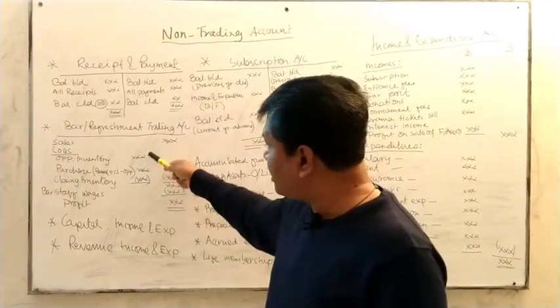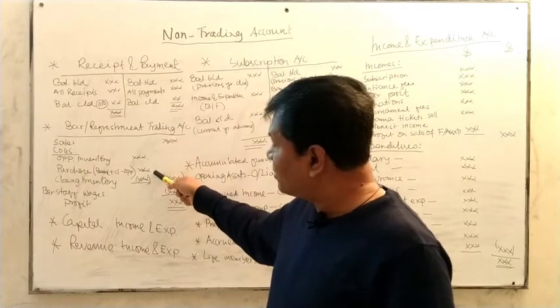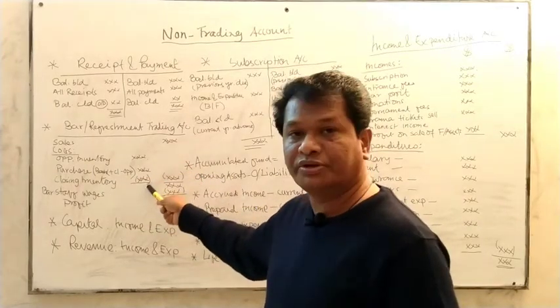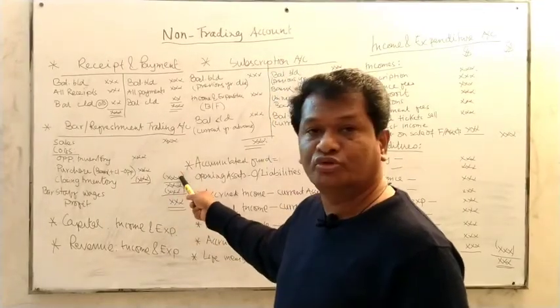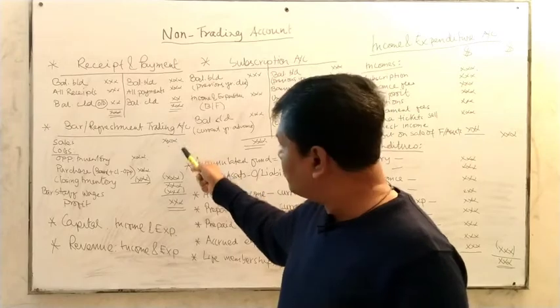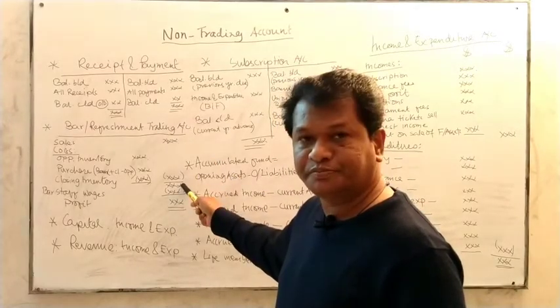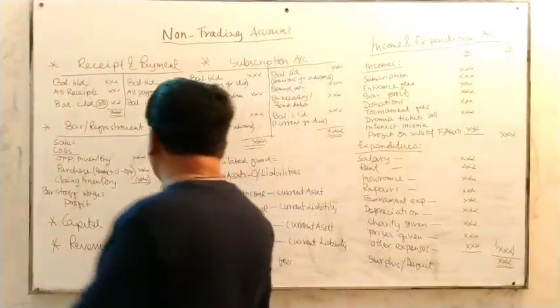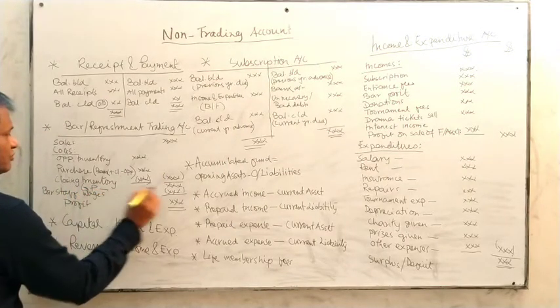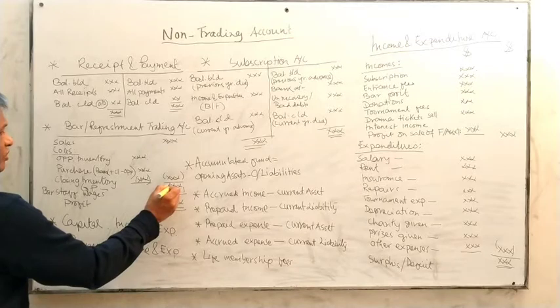So this purchase is to be added up with the opening inventory, and from that the closing inventory is to be subtracted. The figure you got is the cost of goods sold. So cost of goods sold is to be subtracted from the sales or revenue. The figure you got is the gross profit, GP for gross profit.